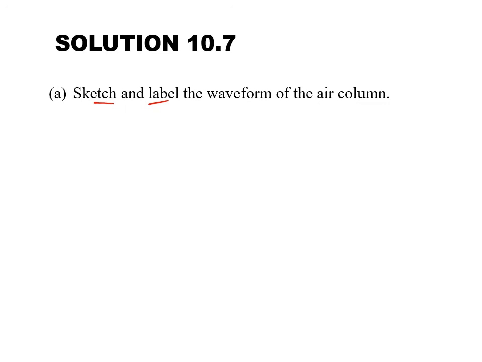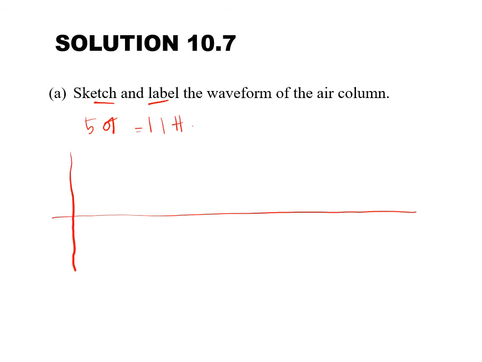The fifth overtone is equal to the 11th harmonic. So you have to sketch. This one is for the 1st harmonic, the fundamental mode for the closed air column.